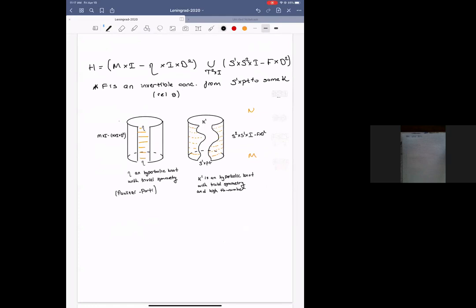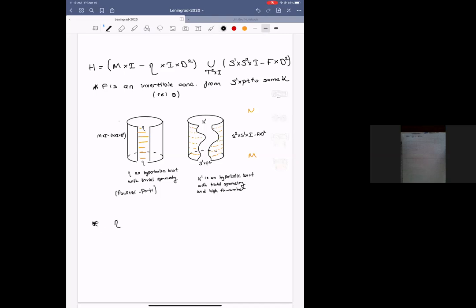There are some other things that you have to be really careful about. This piece gives you invertibility, but we also want every subdiffeomorphism of N to extend over the H, and that follows from these two properties.